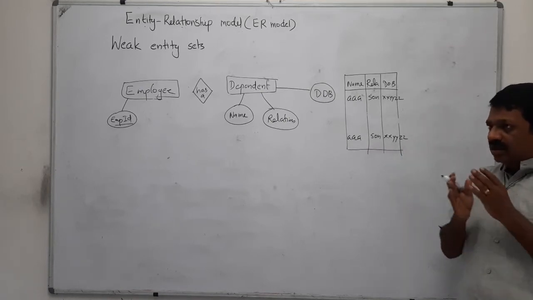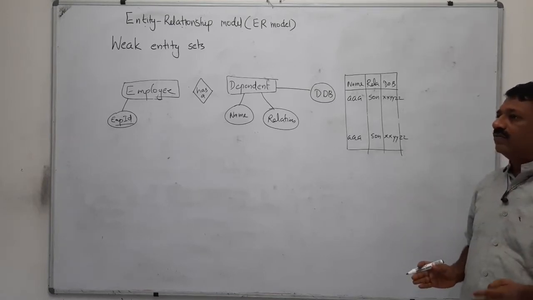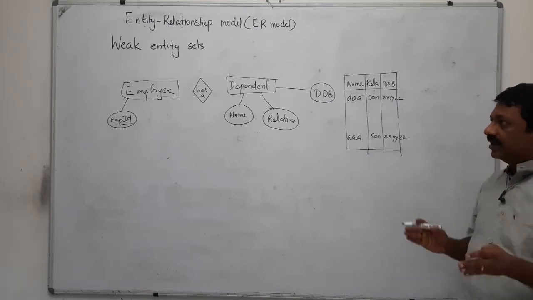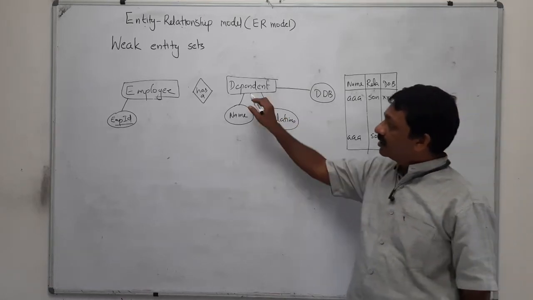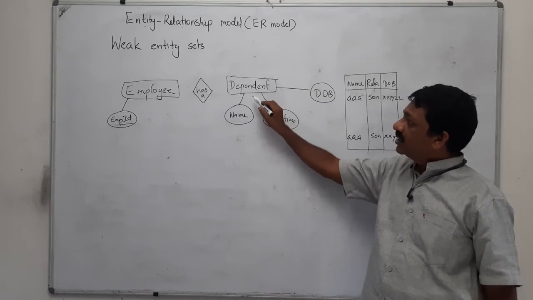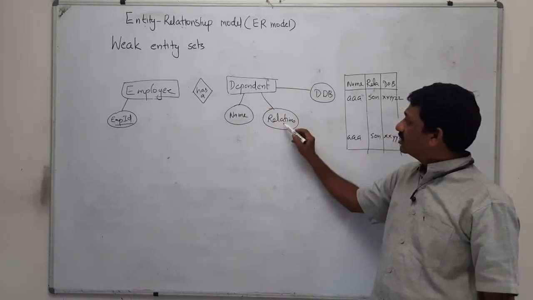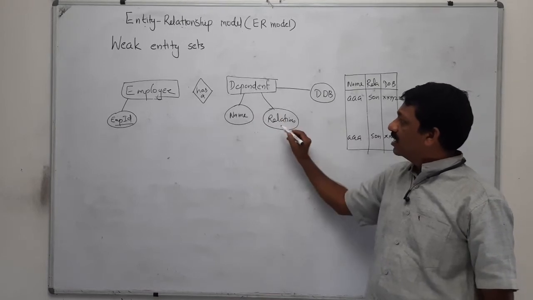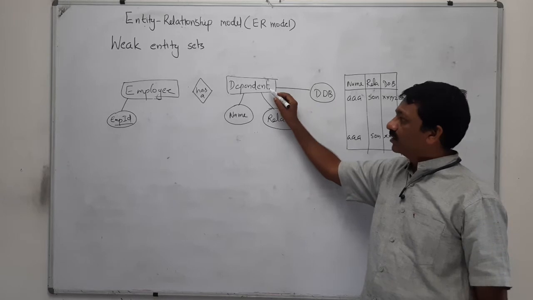Suppose you are working in a firm, and in your database you have another dependent database of those employees, with the name of the dependent, the relationship with the dependent, and his date of birth.